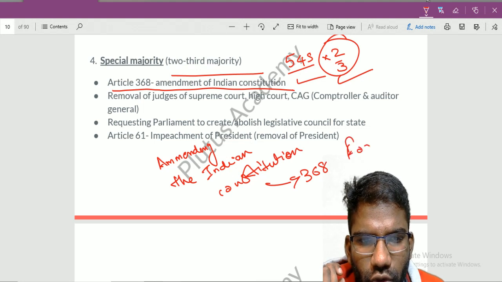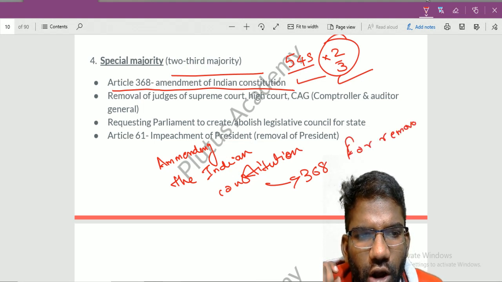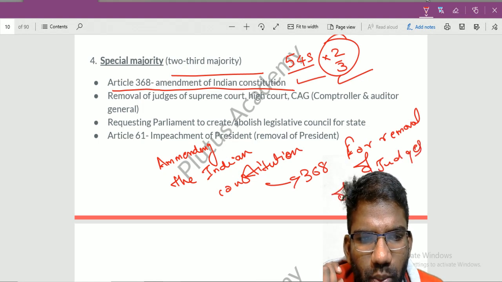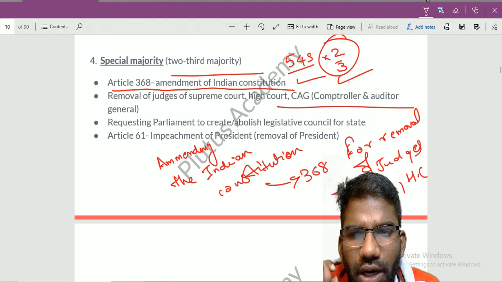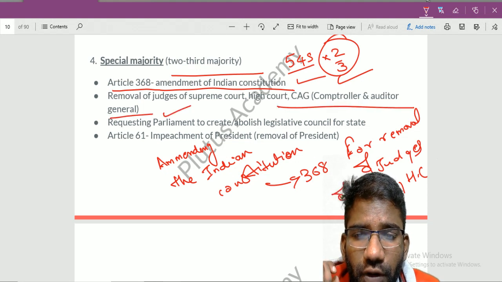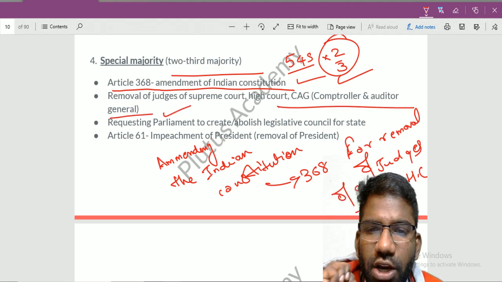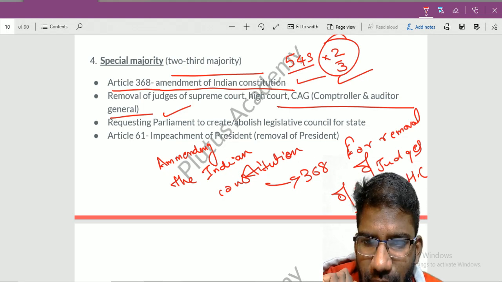For removal of judges of the Supreme Court and High Court, we use special majority. And for removal of the Comptroller and Auditor General, we use special majority.